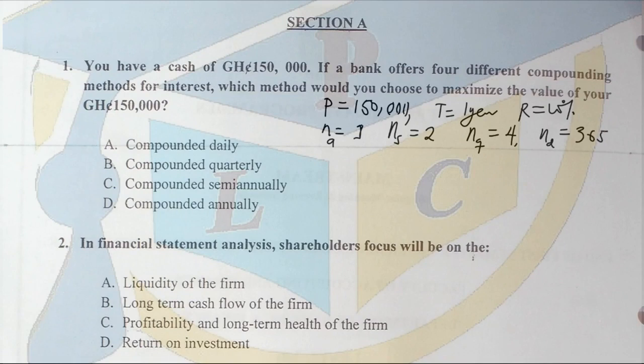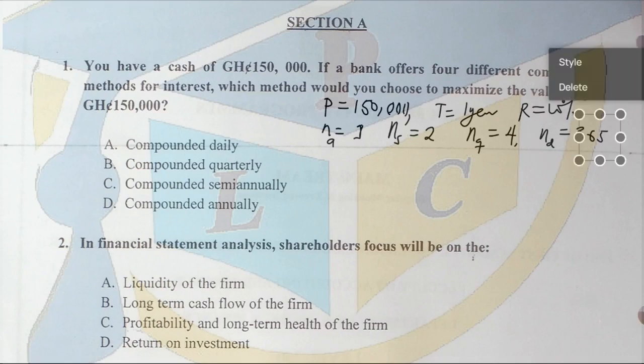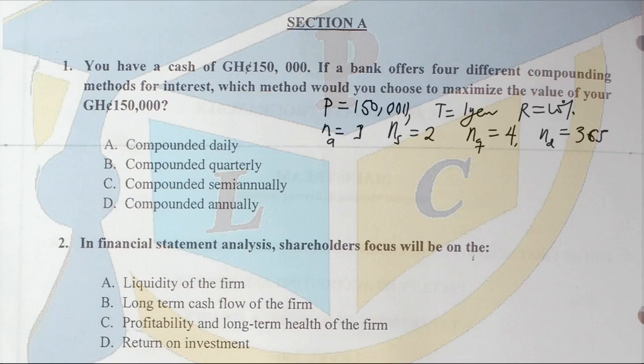So in all, when you want to maximize the value using the compounding period of 365 days, you expect that you're going to maximize more value than using quarterly, semi-annually, and annually. You can try. This is the formula.